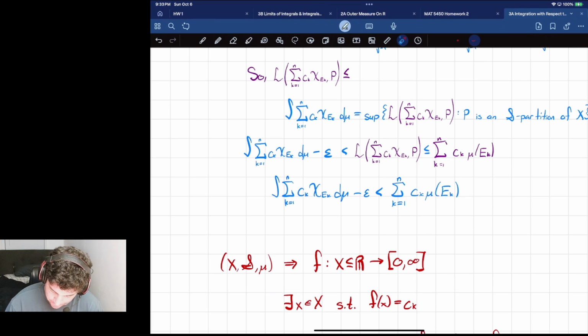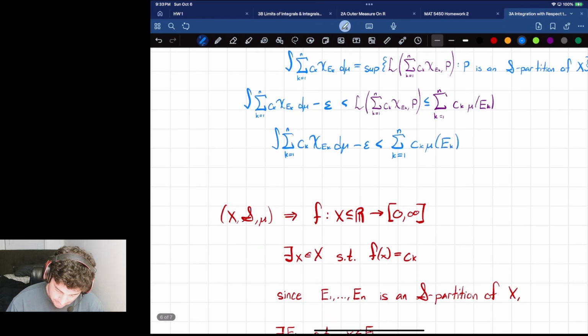And so the inequalities that follow here are that this is less than this for every epsilon, and then this follows by the integral itself.